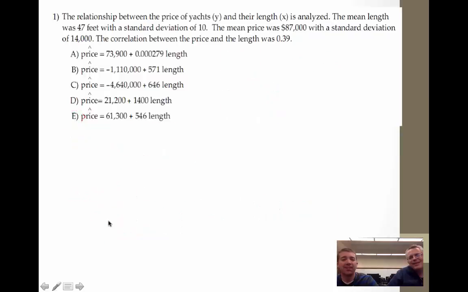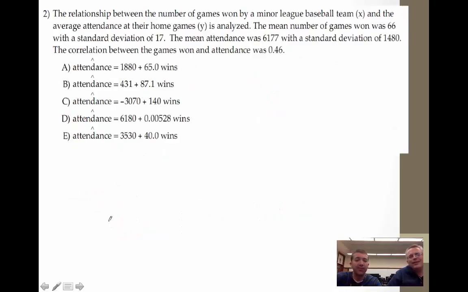All right, here we go. Looks like we're doing one more. We'll try to be fast about this one. The relationship between the number of games won by a minor league baseball team, that's X, and the average attendance, Y. The mean number of games, so X bar, is 66, and S sub X is 17. The mean attendance was 6,177, so that's Y bar, and the standard deviation is 1480.